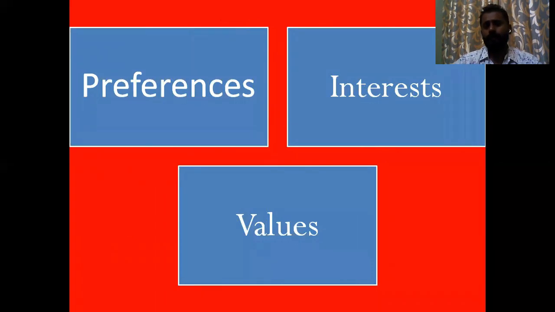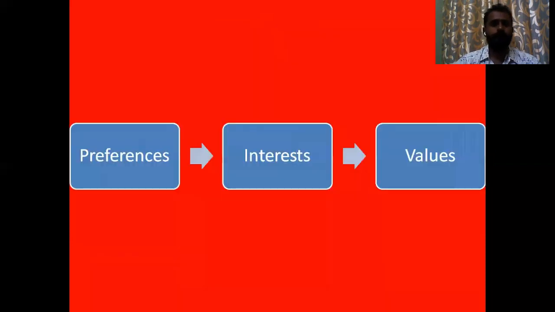Then next, are preferences, interests, and values interconnected? Is there any interconnection between these three, or are they independent? Preferences can become interests, and interests can become values. As I said, preferences become interests, but they are object tied, they are specific.